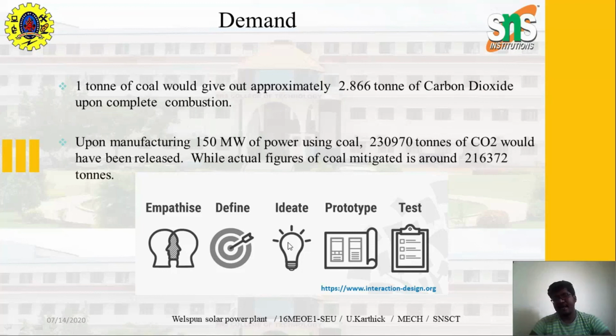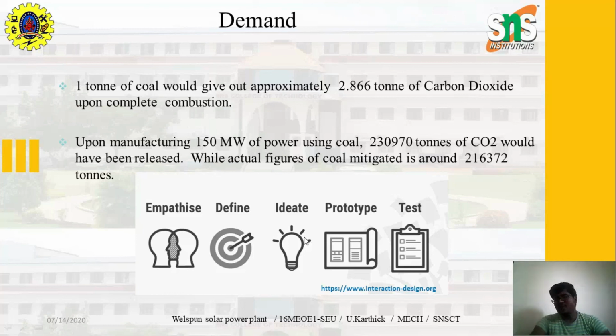Next, ideate. What are the alternative options available to generate the power? I already told you, there are green energies like windmill, solar, and hydroelectric power plants that are also sources. We have to look in that way, right? That comes under ideate. Next, prototype. Based on the place, we have to design and develop the model.